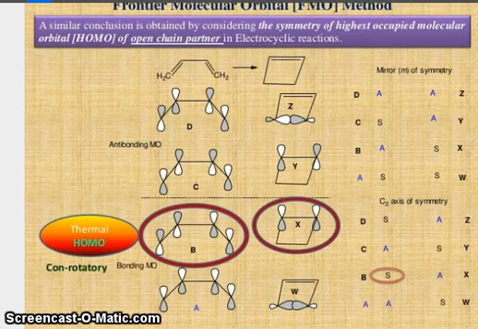A similar conclusion is obtained by considering the symmetry of the highest occupied molecular orbital of the open-chain partner in electrocyclic reactions. So you can see here B is symmetric with C2, so it is conrotatory under thermal conditions.